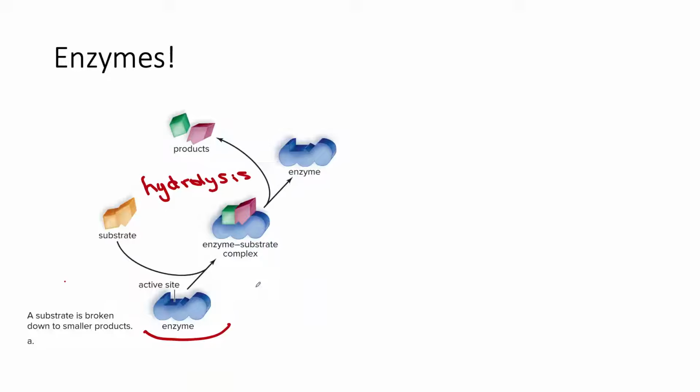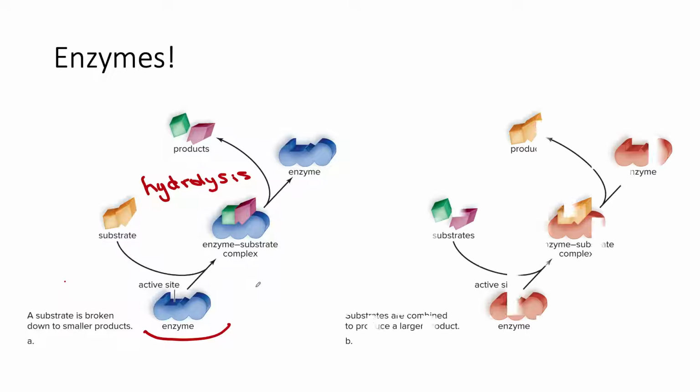And it doesn't matter if we're going this way in a hydrolysis reaction or the other way in a synthesis reaction. Remember, synthesis is when we are combining two things to make something bigger. So for example, the substrates here are separate.